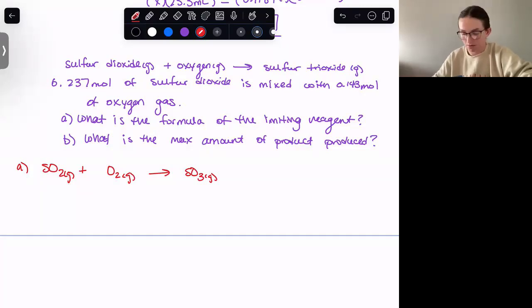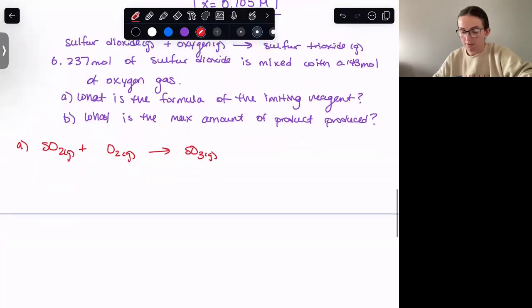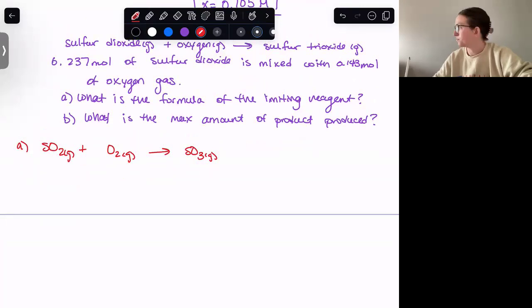How do we do that? What are we given that'll help us solve for the limiting reagent? Perfect. Yep.